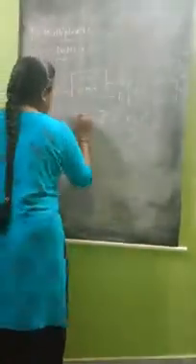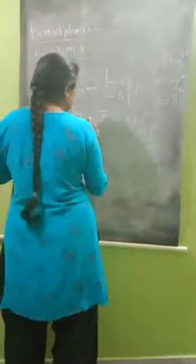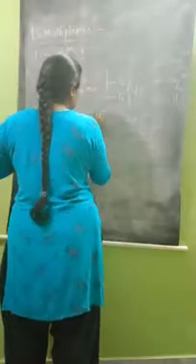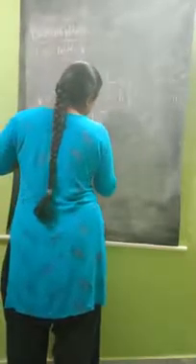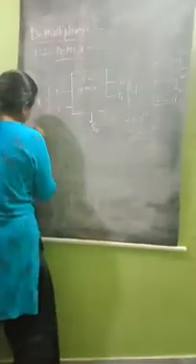So this is the one selecting line. Now we draw the truth table.